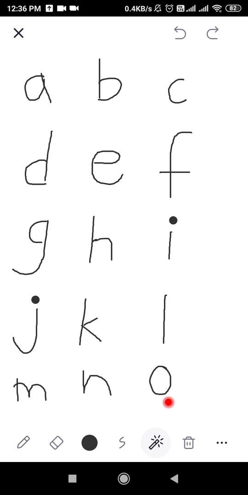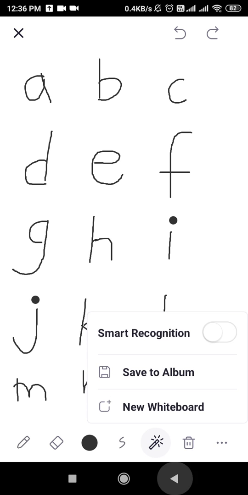Now next letter is letter P. Just make a standing line and a smaller circle like this. Okay, so it's letter P. P for parrot, P for peacock, P for pen. Then next letter after P is letter Q. Just make a standing line and a smaller circle in the opposite direction.